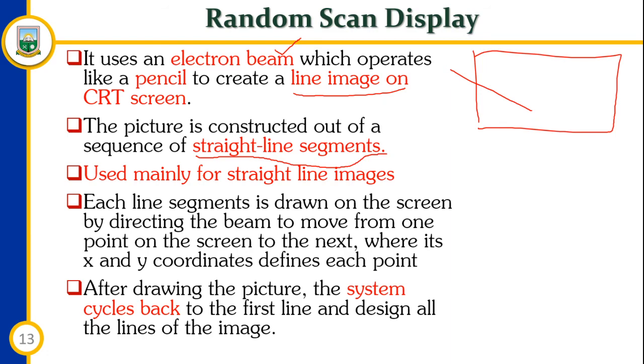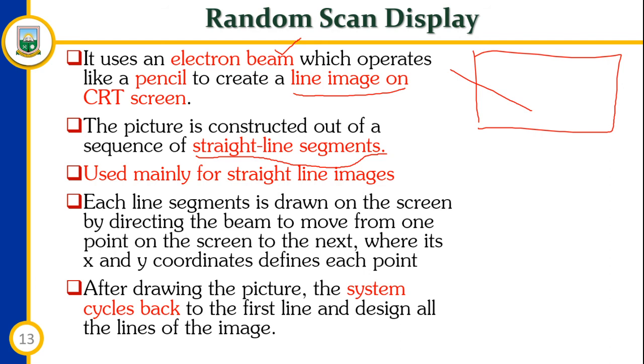Some are in the form of lines, others in the form of triangles and the rest. So the random scan is used mainly for straight line images.